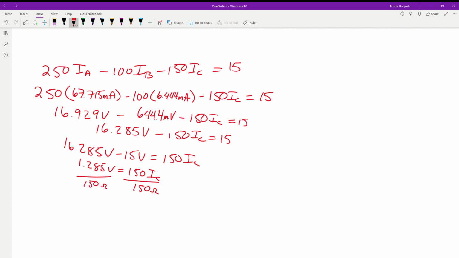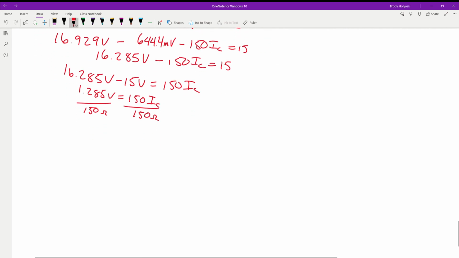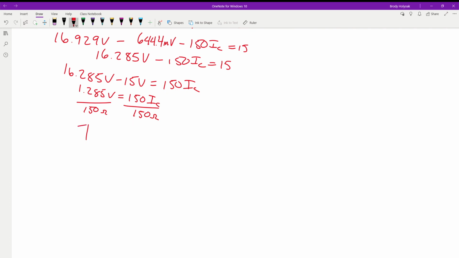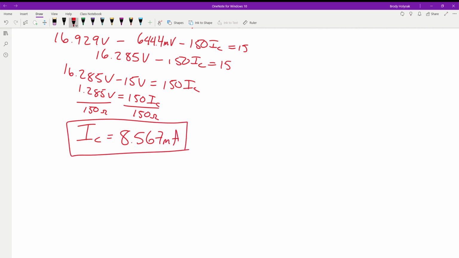We have volts divided by ohms, so we know we're going to get current. 8.567 milliamps. And is it positive or negative? Positive.